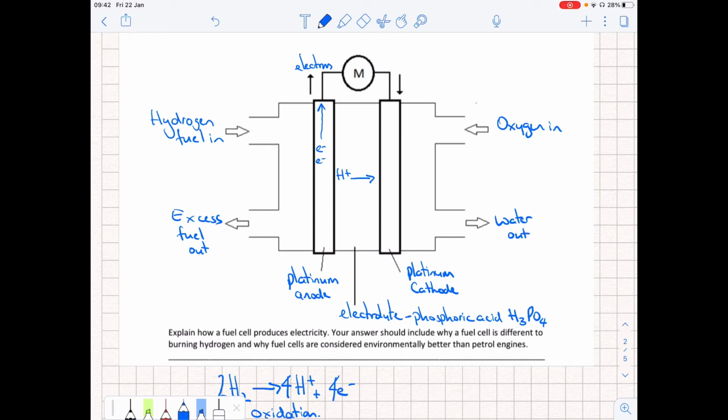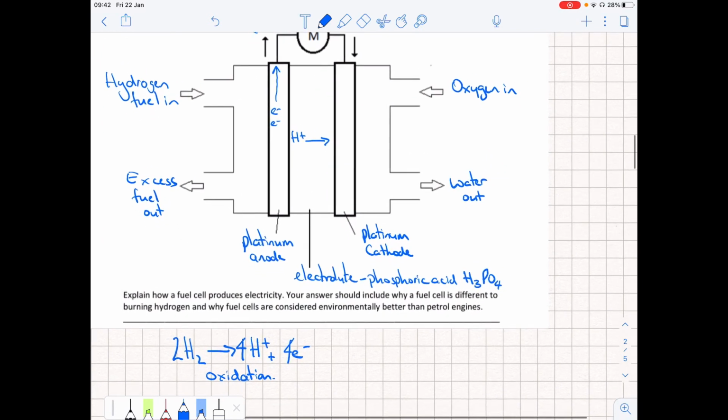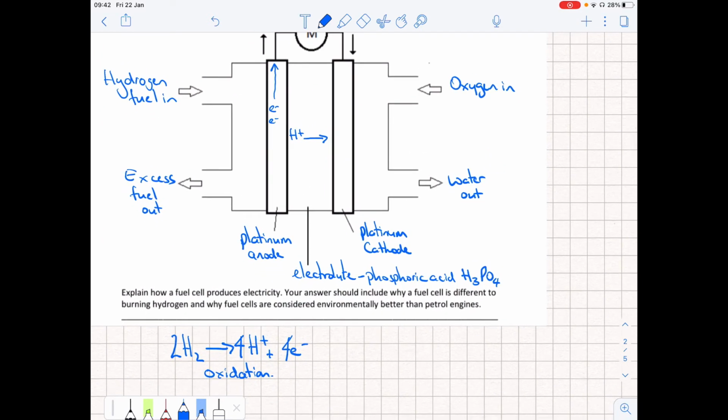Okay, let's look at the cathode and what goes on at the cathode. So at the cathode, we have oxygen arriving, because oxygen comes in to the cathode. And then what's going to happen here is this oxygen is going to react with the hydrogen ions that have migrated across. And we're going to add electrons, and this is going to produce water.